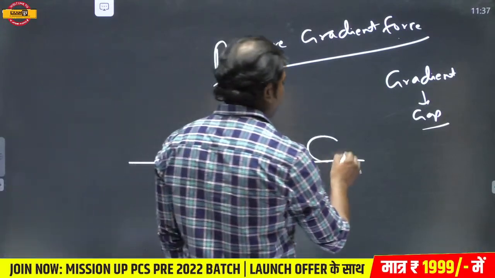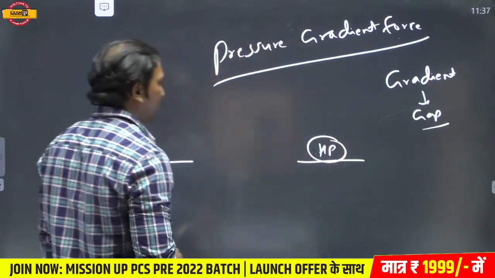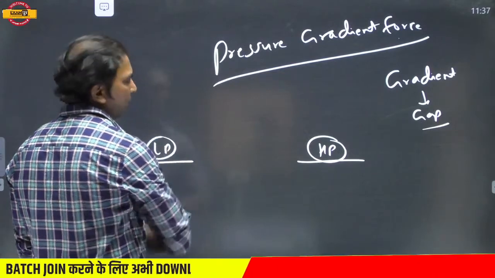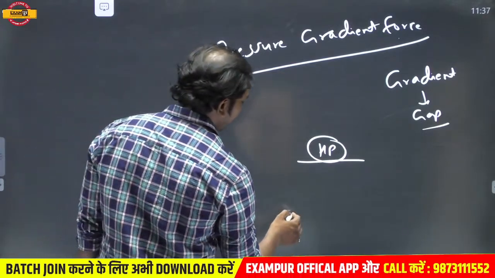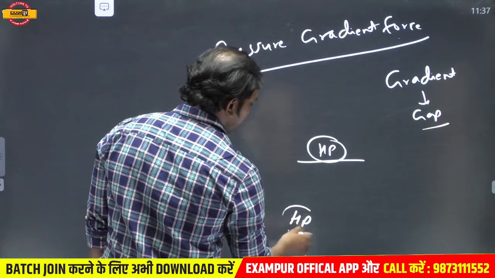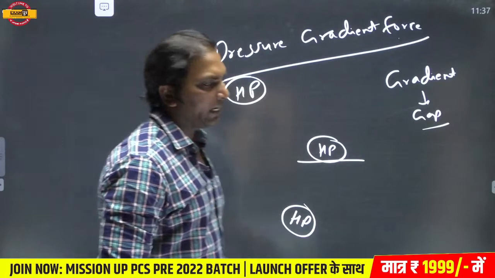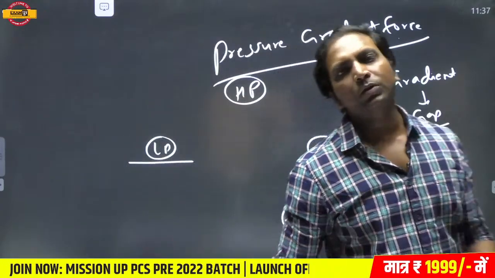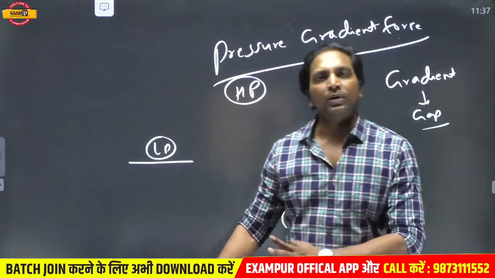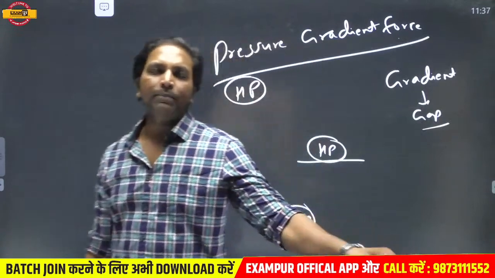Here you can see the formation of a high pressure, and here a low pressure. At several places there is a high pressure zone and some places become a low pressure zone. And winds blow from high pressure to low pressure.